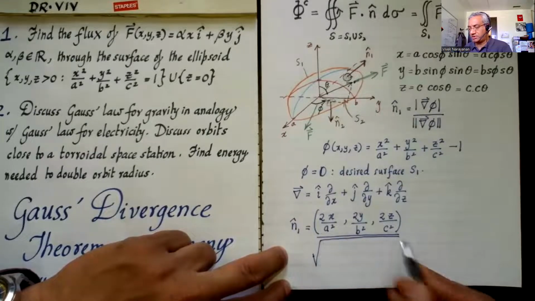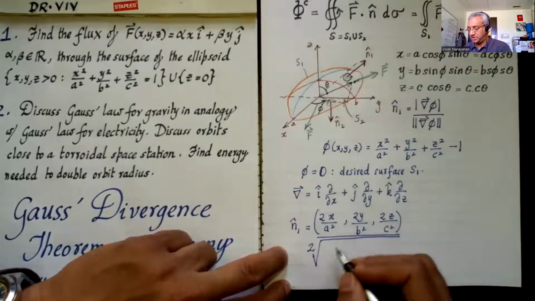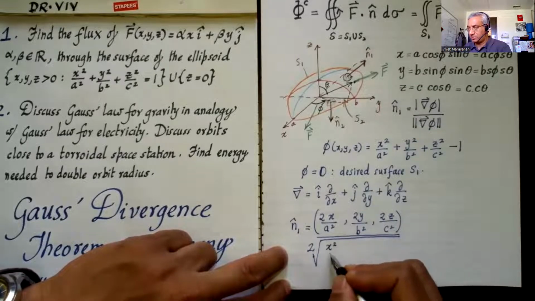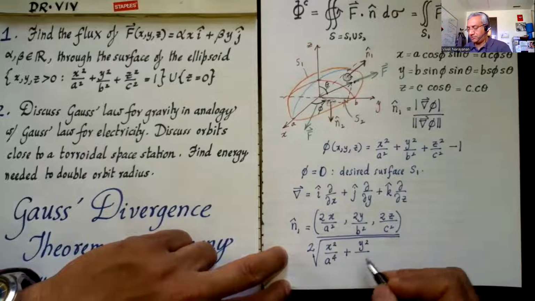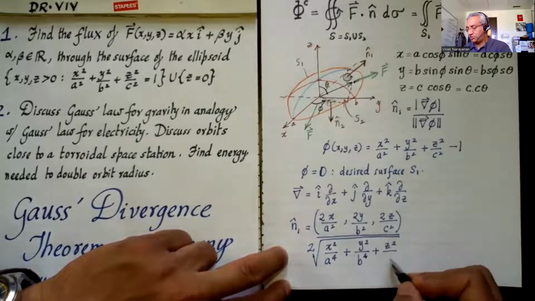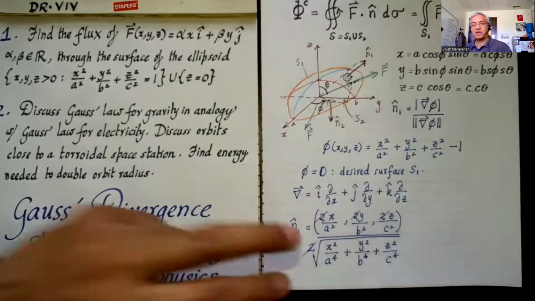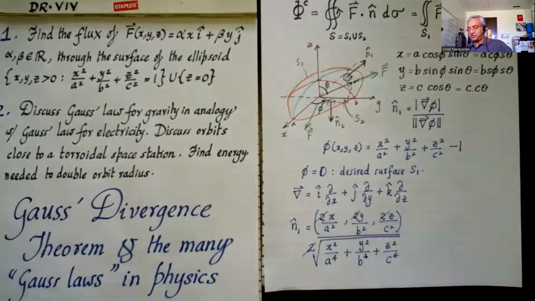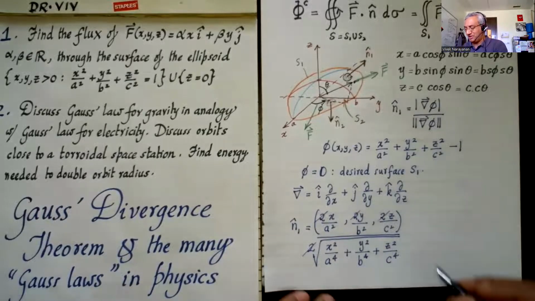The 2's are common, so I'll bring the 2 outside. So I'm going to get x squared over a to the 4 plus y squared over b to the 4 plus z squared over c to the 4. That 2 will cancel out the 2's here. Unfortunately, now we have to substitute our coordinates in there.